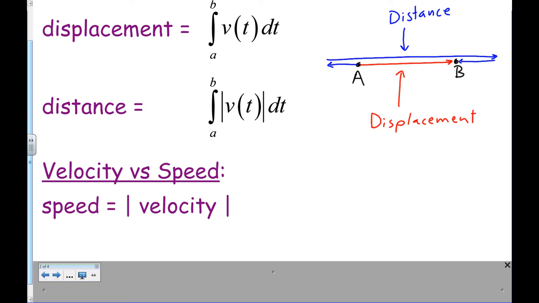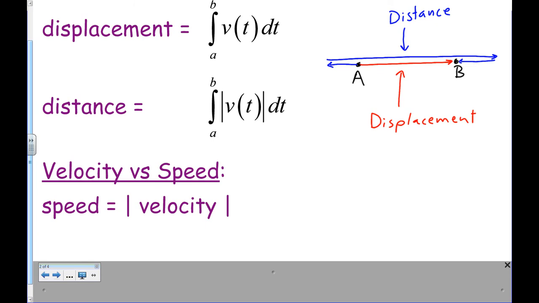That's just speed. So the definite integral of speed gives you distance, and the definite integral of velocity gives you displacement. Now if your function has a positive velocity, which means speed is also positive, then the integral of velocity would be both displacement and distance. And in some cases that turns out to be the case.